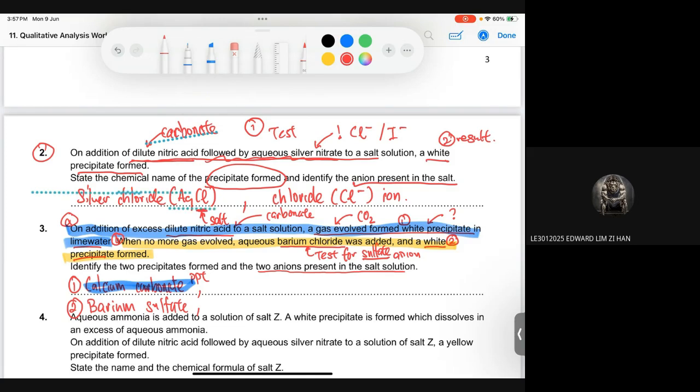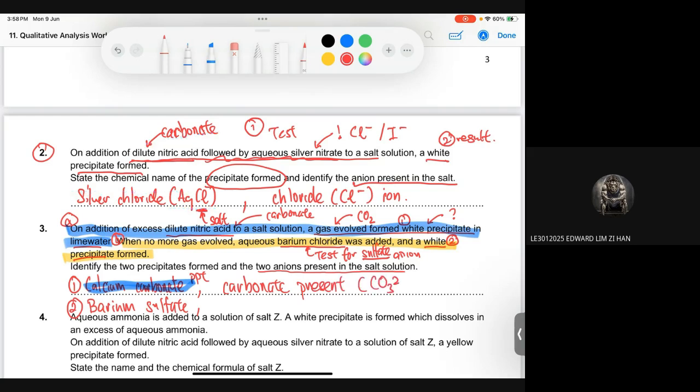So can you tell me what test A is testing for? Carbonate. So if I'm testing for carbonate anion and it gives me a positive result, which means carbon dioxide gets involved, what's the conclusion? The carbonate ion is present, which is CO3 2 minus.